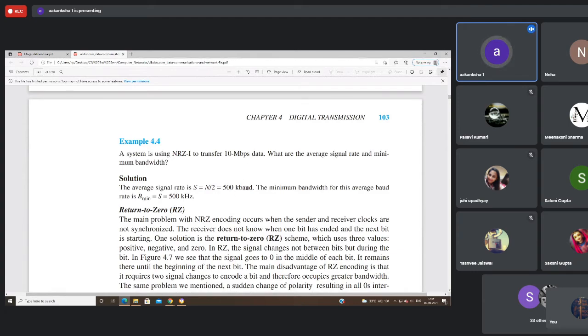Because bits per second can directly be mapped to the signal rate, which is computed in terms of baud. So 10 into 10⁶ bits per second, divided by 2, becomes 500k bauds.